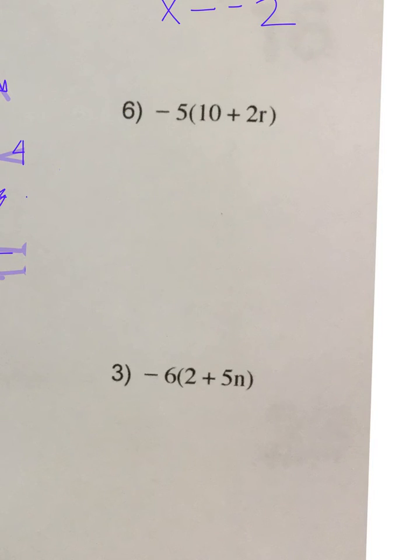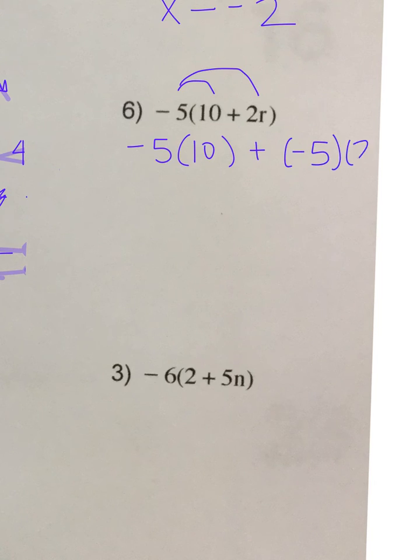Our last example is number 6. We need to distribute that negative 5 to both parts of the expression. Negative 5 times 10 plus negative 5 times 2r.